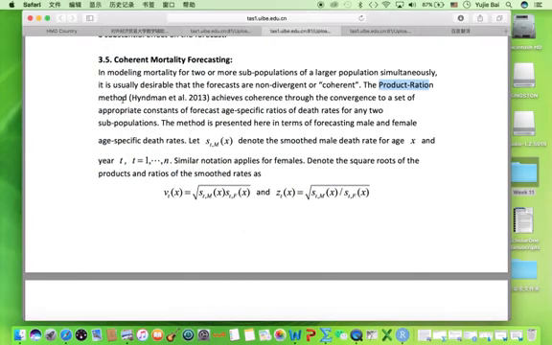How can we understand this sentence? This sentence means that, as I have mentioned, we want the forecast death rates for male and female not to be too different, which means the difference between the forecasting results for male and female is small.